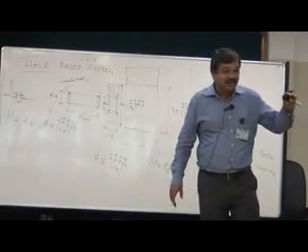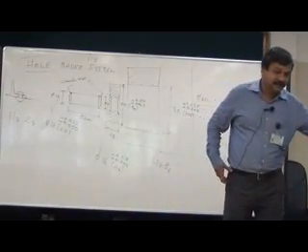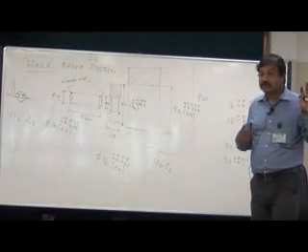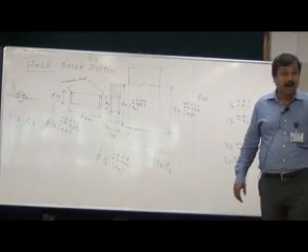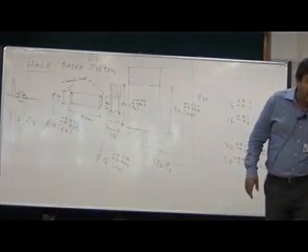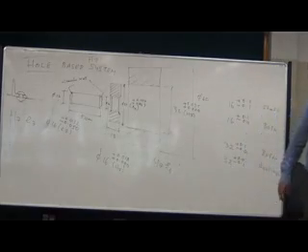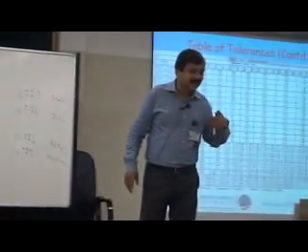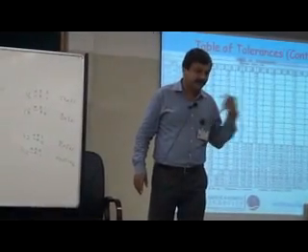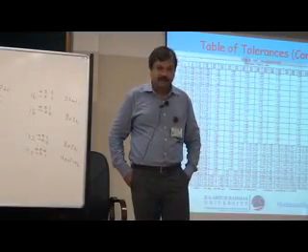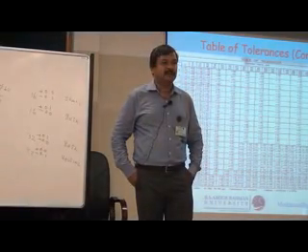By changing the tolerance of the shaft. So this is what we mean by a hole based system. Why do we go for a hole based system? It is difficult to control a hole rather than a shaft. That is why we go for a hole based system. Is it okay? Any doubts you have?